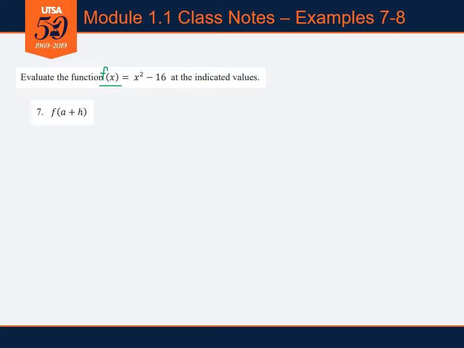We're asked to go back to the function and input a plus h. We're going to plug a plus h in place of x. And here's what that's going to look like. Instead of x squared minus 16, we will have a plus h squared minus 16. That's basically what we're looking at here. That's as simple as it is.